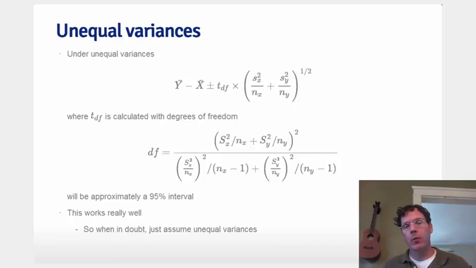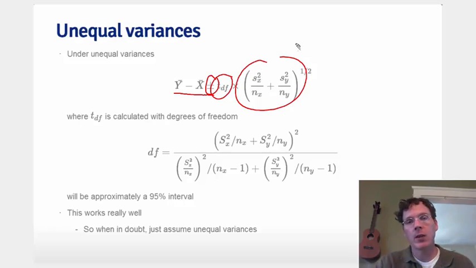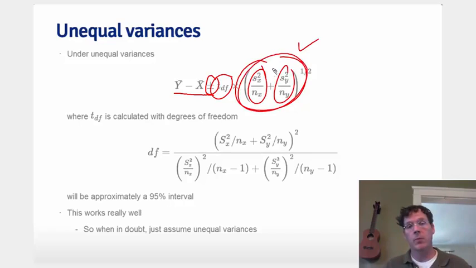So hopefully the formula for the unequal variance case looks pretty familiar to you. It's the difference in the means plus or minus a t-quantile times a standard error. The standard error is calculated assuming there's a different variance in each of the 2 groups.